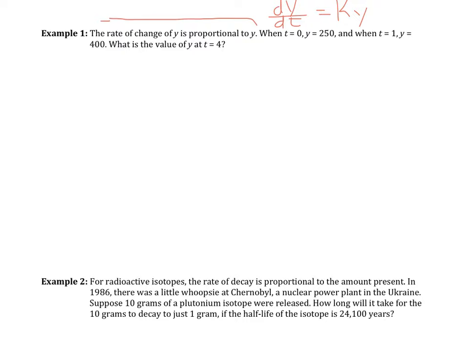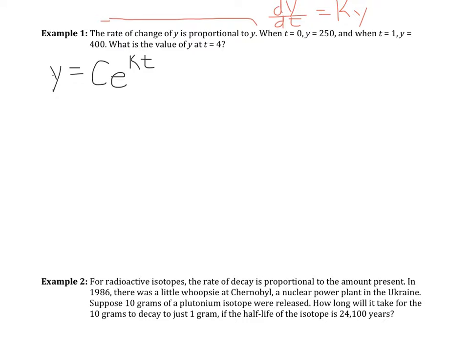And so here's the nice thing. We know that if that is a property of function y, if that differential equation holds true for y, the solution to that differential equation looks like this. And we can save ourselves the step of doing the integration, right? Why would we need to do the integration? Well, in the first sentence, the rate of change of y is proportional to y, right?